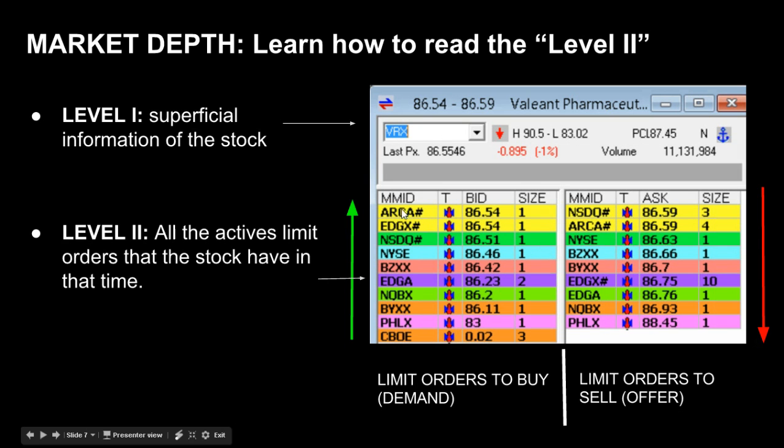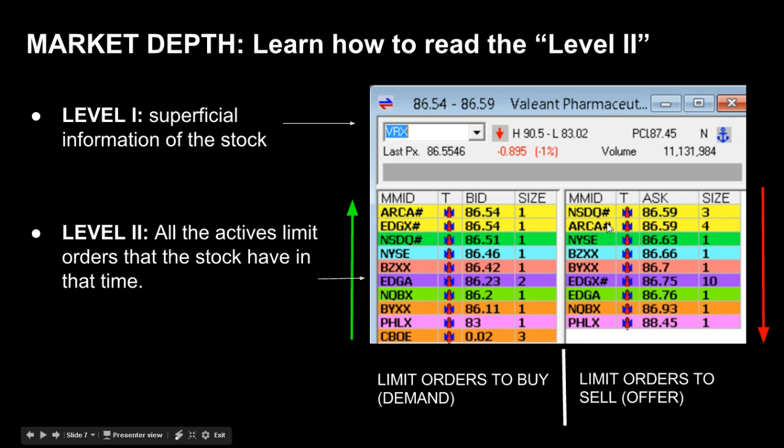So the inside bid is this price, the highest limit price, the higher demand. This is the price closer to the last price.